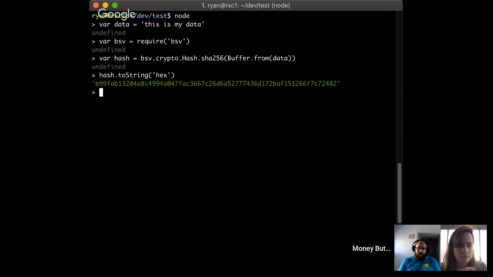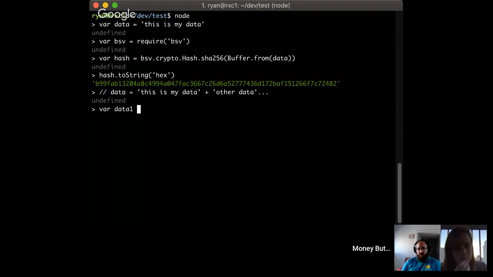Now, there are cases when I'm going to be very tempted to do something like data equals, this is my data, plus some other data, and then hash that thing. I don't want to explain all the things, but in the case of what we're doing here, we have two pieces of data.